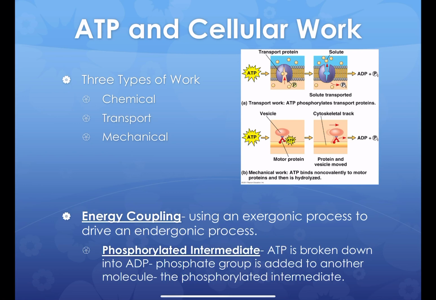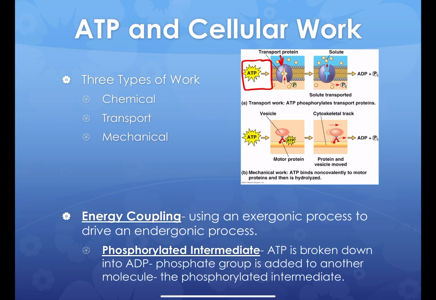So chemical work is breaking down energy and actually using it, transferring it to a different chemical, doing it in a different chemical reaction, okay? Transport is like what we see here with our transport proteins. We've talked about in active transport that cells require ATP, and so that is one type of work that can be done.